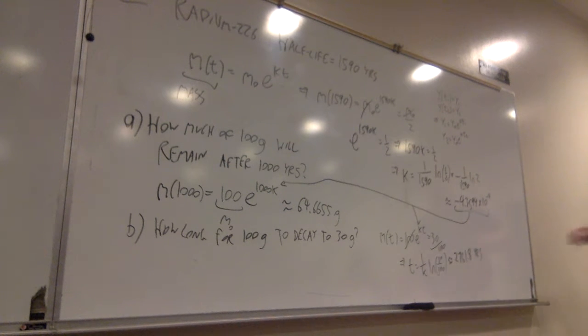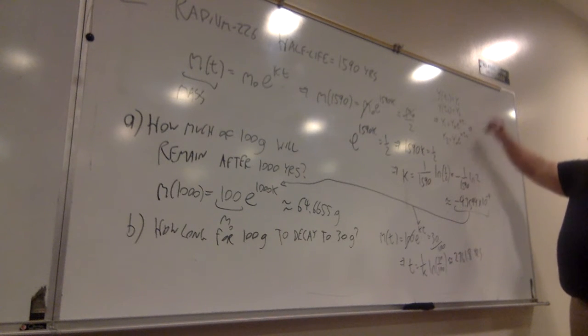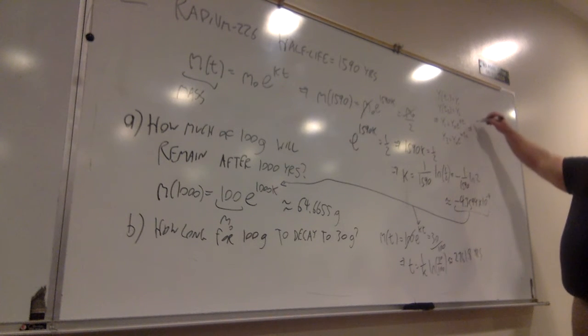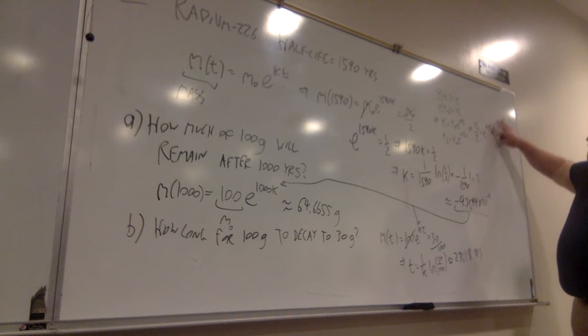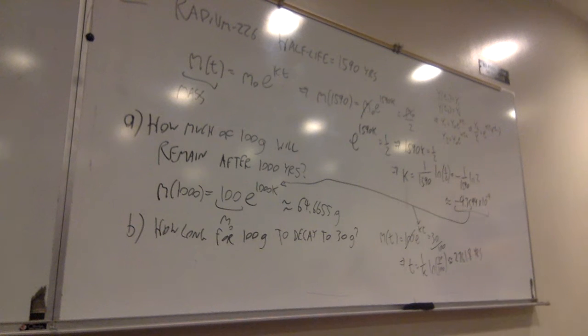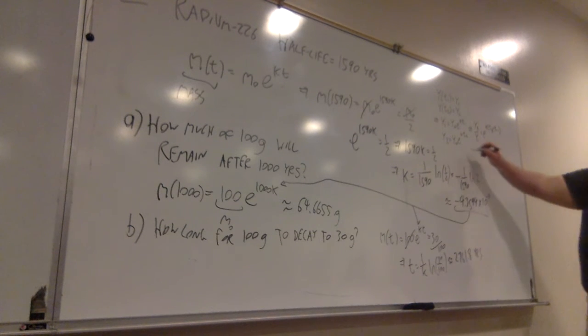So then what happens is, if I divide this equation by the first one, y2 over y1 is e to the k times t2 minus t1. So that gives you a general formula for k.